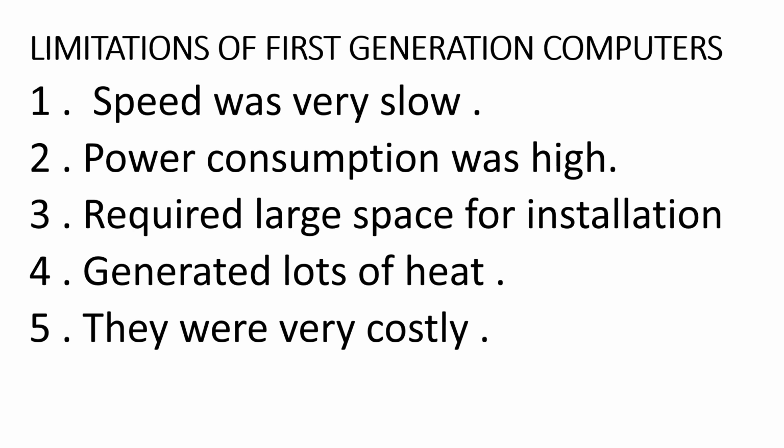Speed was very slow, since it was huge in size. Power consumption was very high. It required high power for running. Also it required large space for installation. It required a huge room to install the first generation computer, right?